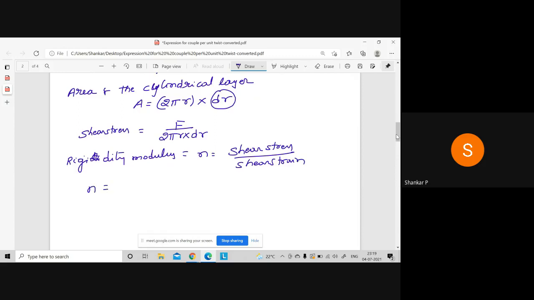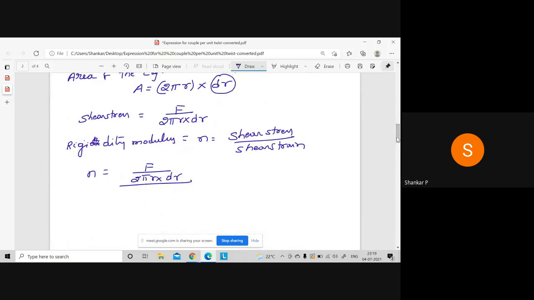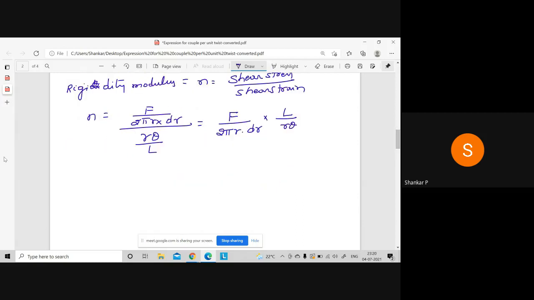So substituting shear stress and shear strain, shear stress is F by 2 pi r into dr, and shear strain is r theta by L. So we can write it as F by 2 pi r into dr, L by r theta.